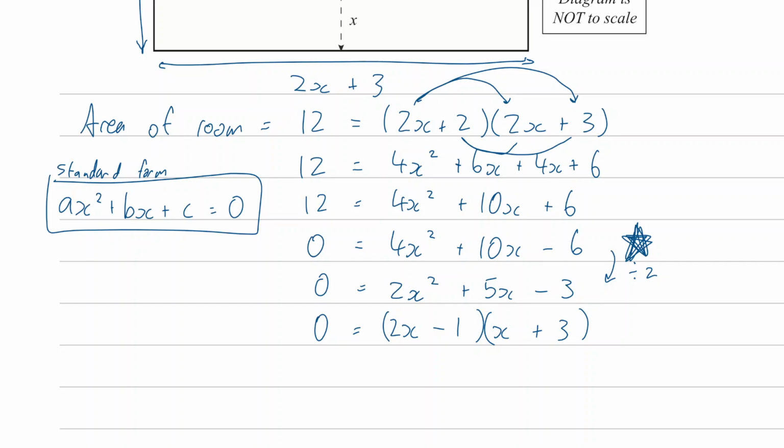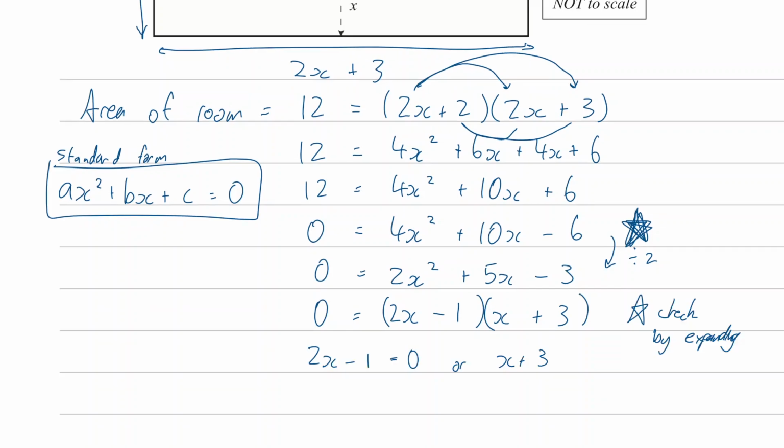Okay, so we factorized it, but we haven't solved it yet. To solve it, we need to set each bracket equal to 0. And that's because for two things multiplied together to equal 0, one of them must equal 0. Right? 0 times anything is 0, or anything times 0 is 0.